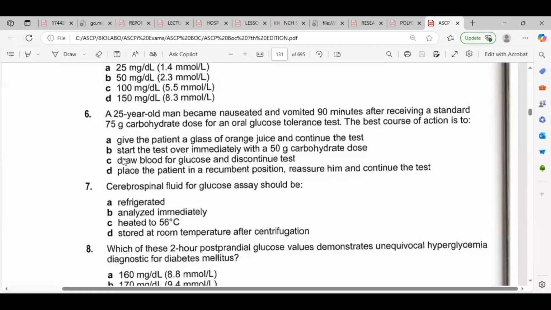I don't say that drawing blood and testing will get a correct result for glucose, but at least when you test directly, you know that the glucose you are testing is what is being metabolized at 1.5 hours. But if I continue, I don't know what is going to be metabolized, because some of it was already vomited by the patient. So that's why this one could be the best.